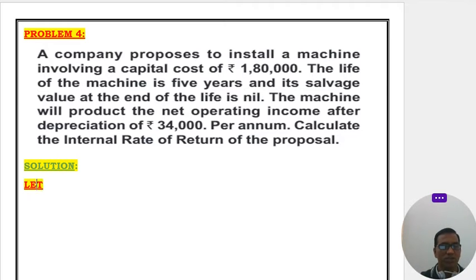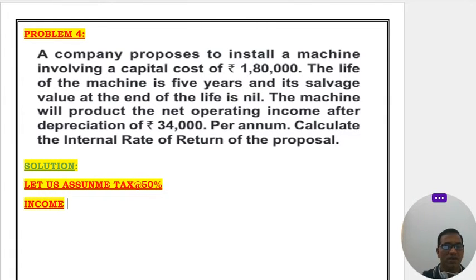So first of all let us assume tax at the rate of 50%. We are assuming. And now what is given? Income after depreciation is 34,000.